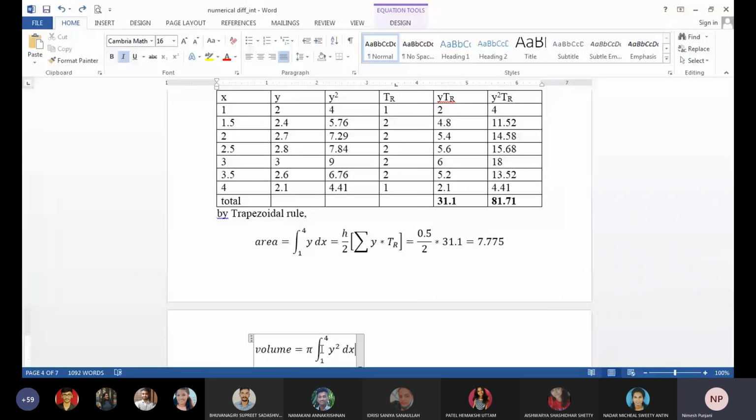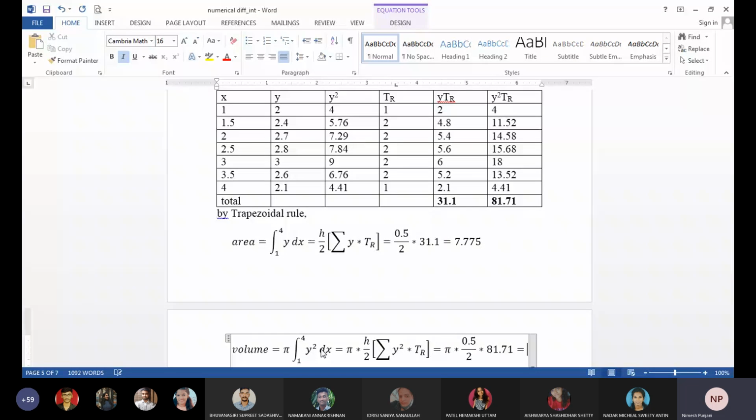You can keep pi as it is, multiplied by, since we are doing it by the trapezoidal rule, h by 2 times the summation of y square. Pi multiplied by 0.5 divided by 2 multiplied by 81.71.